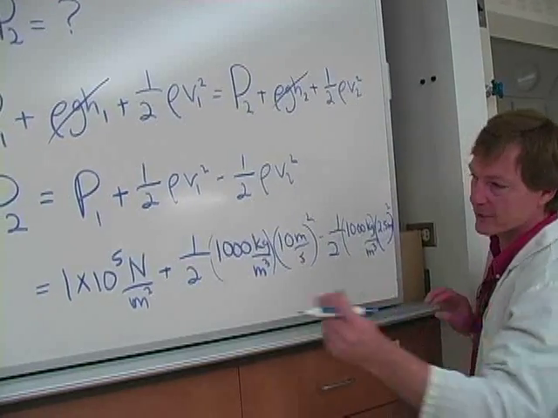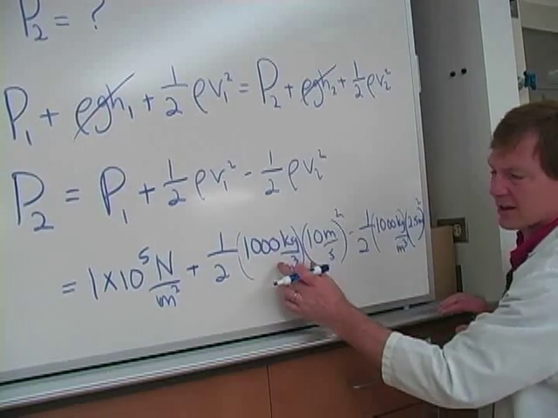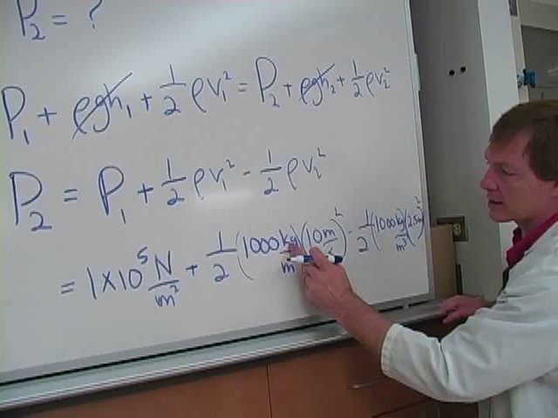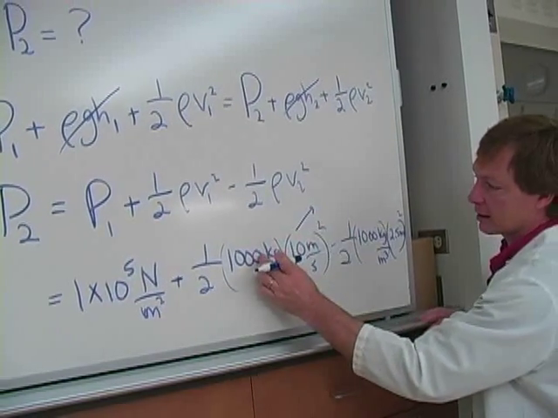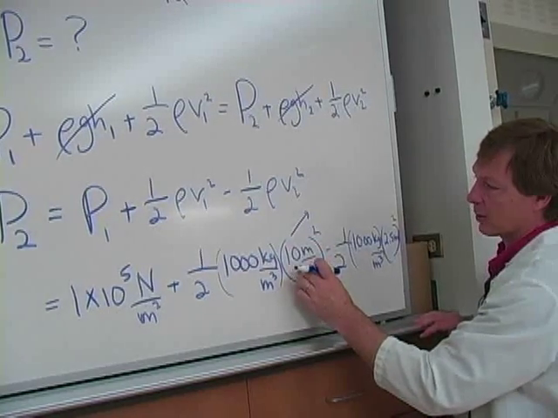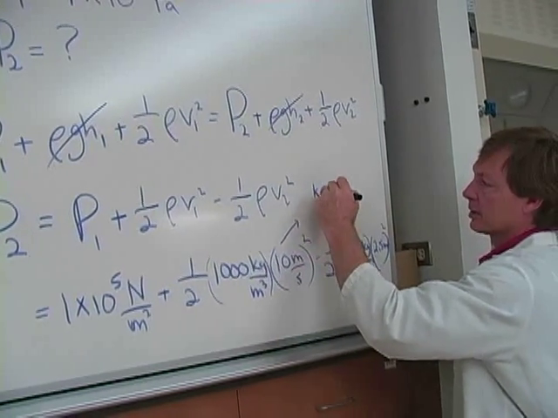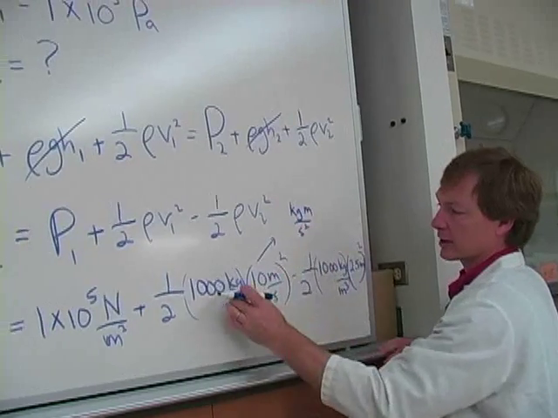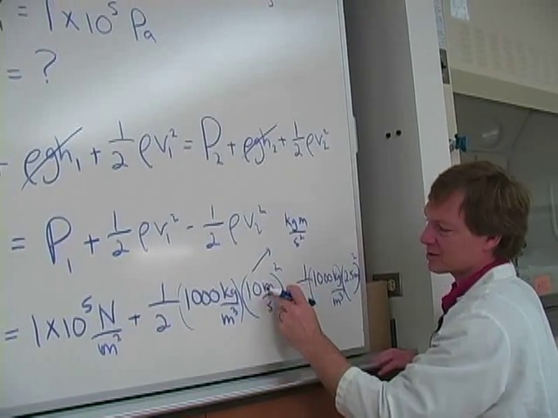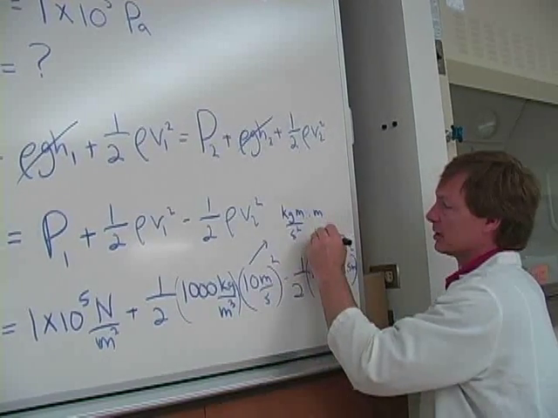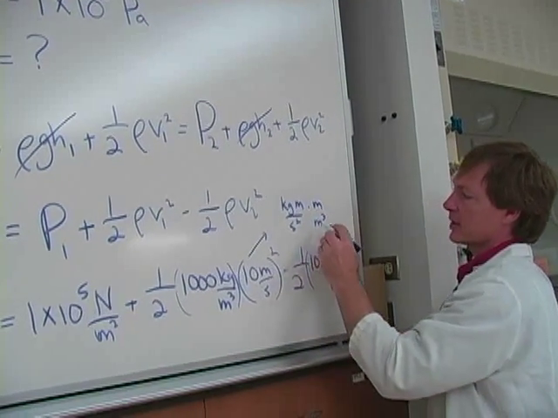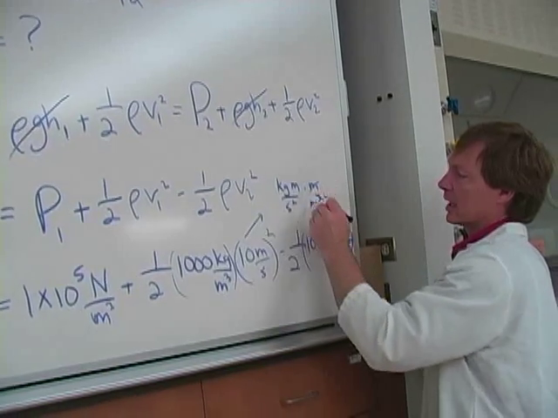Now, this is newtons per meter squared. Right here, I've got kilogram meters per second squared. That's a newton. So I've got a kilogram meter per second squared, but this is squared too. So I'm going to have an extra meter on top and a meter cubed on the bottom. This will cancel one of them.